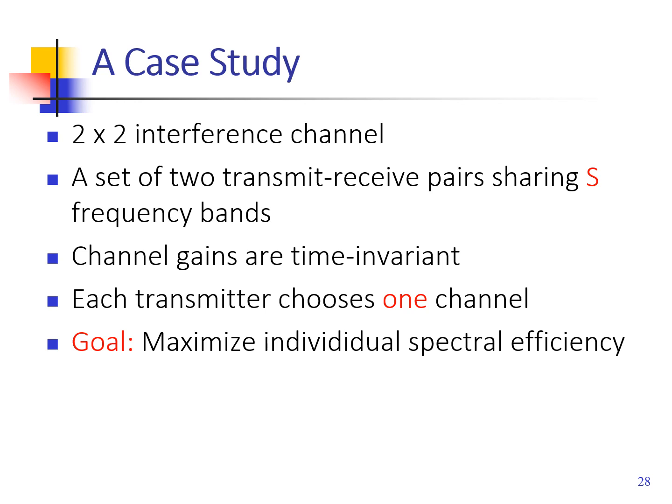This is also common in spectrum sharing games. We assume that the channel gains are time invariant for the sake of this example. If the channel gains change over time, that would put us in a different type of learning, which we will not adopt here. The goal of this example is essentially to maximize the individual spectral efficiency. This is the goal of the game.